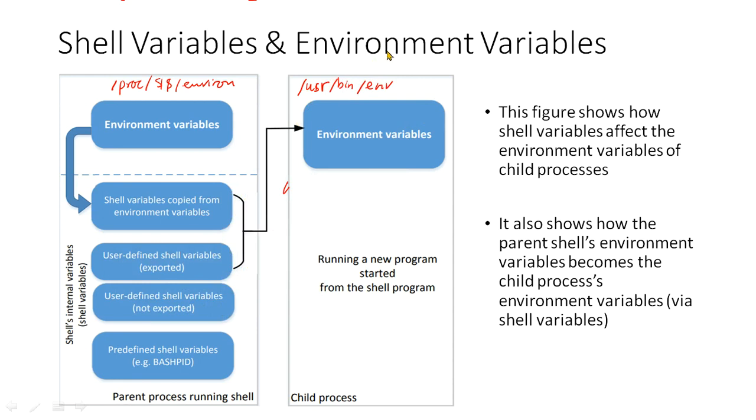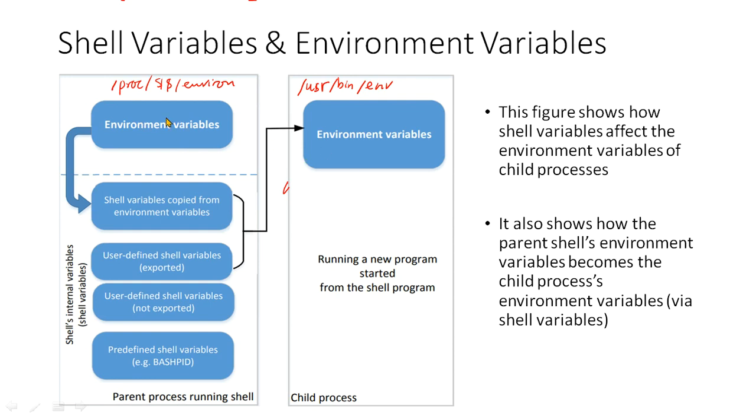So you see that when we run env, it's run in a child process. When it prints out the environment, it's only the environment of the child process. But when we look at the proc virtual file folder here, we see the environment variables of the current shell that we run.